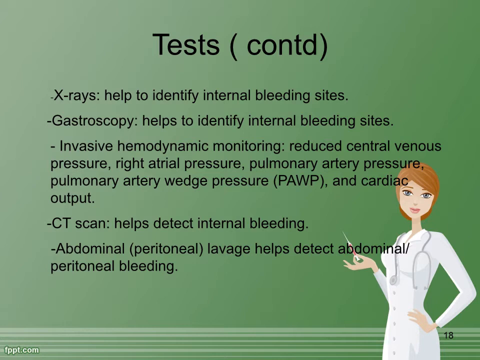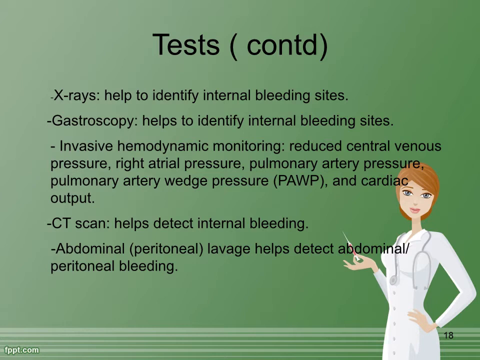X-rays can help us identify the bleeding sites. Again, gastroscopy can identify internal bleeding sites. Hemodynamic monitoring will show that the venous pressure or right atrial pressure is low, and the pulmonary artery wedge pressure will be low, and the most important, the cardiac output will be low.